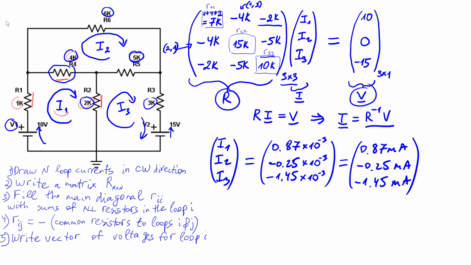So based on those values of those mesh currents, we can identify all of the voltages in the circuit, all of the currents in the circuit, and so on. For example, if you want current through that resistor, you're just taking I1 going that way minus I3 going that way.